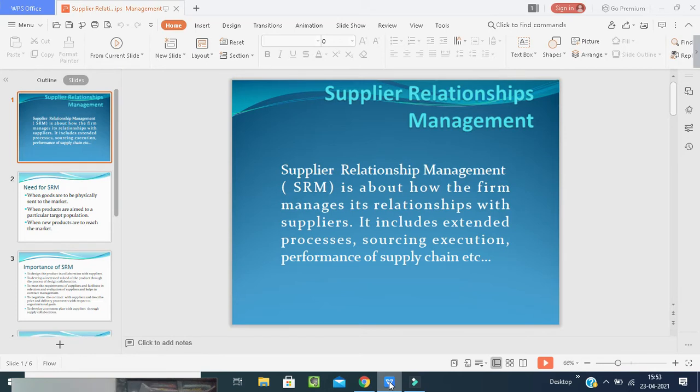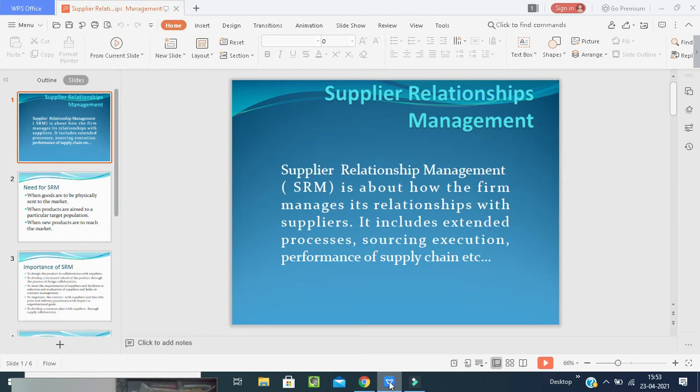Supplier relationship management is about how the firm or the company manages its relationship with the suppliers: supplier A, supplier B, and supplier C. Whatever raw materials are needed for the company, SRM focuses on how they maintain the relationship with the suppliers, depending on the situation, time, consumption, order, delivery, financially, technically, everything.